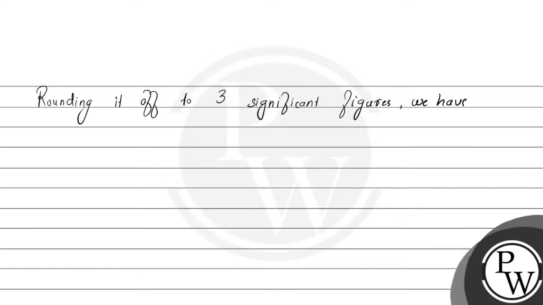So we can write that rounding it off to 3 significant figures, we have 8.31 into 10 to the power 7 ergs per Kelvin per mole. This is the required आंसर टू द क्वेश्चन.